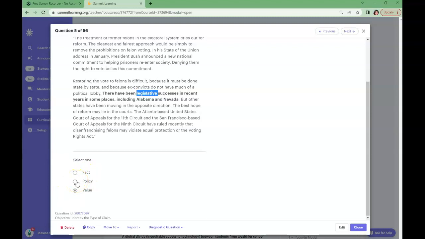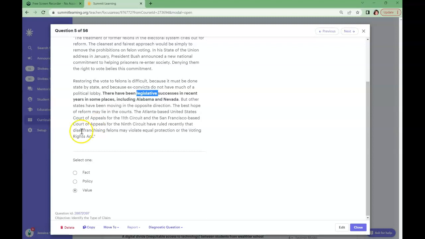Policy makes a demand as to something that should happen. That's policy. Now, if this was a fact argument, this would say something along the lines of the legislation that occurred in Alabama and Nevada was blank. It simply states something that can be proven as true or false.